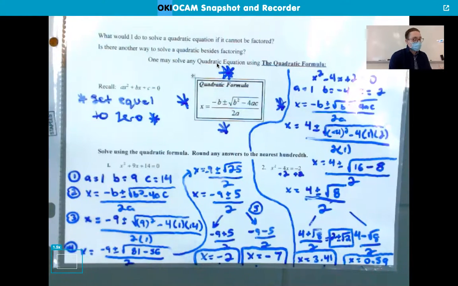So just be aware of a couple of different examples that we've seen so far, some solutions that you might get. If you were to plug these back into your original equation, like I said, whether it's equal to 0 or even this, you would get 0 equals 0. Okay. Any questions about example 2?